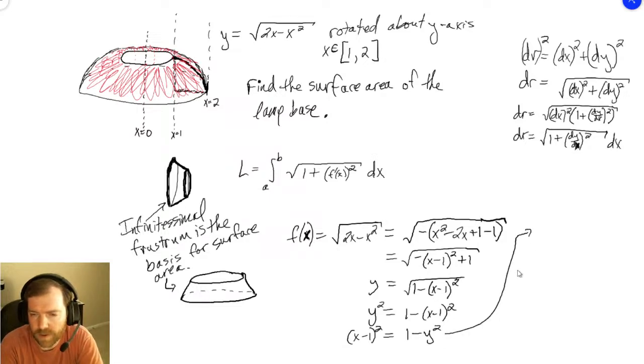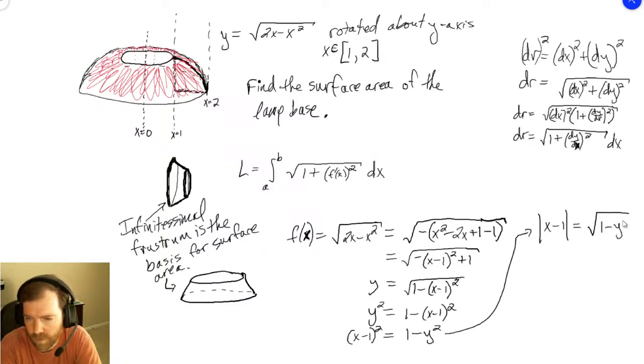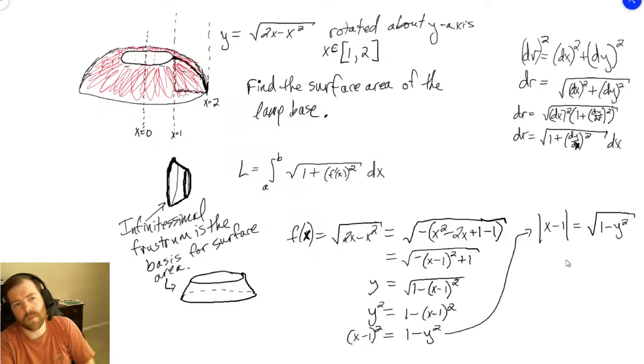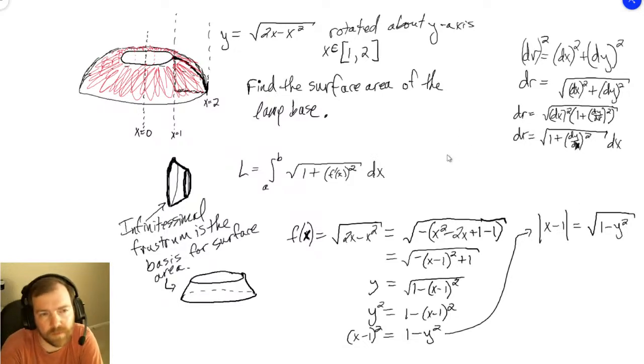And now we're going to take the square root of both sides. This is the absolute value of x minus 1 is equal to the square root of 1 minus y squared. And we only want the top half. So the distance between 1 and x is only going to be positive anyway.